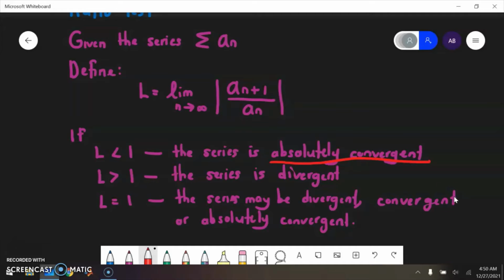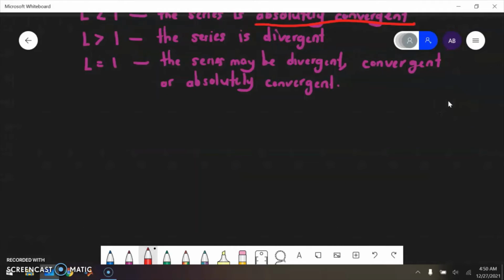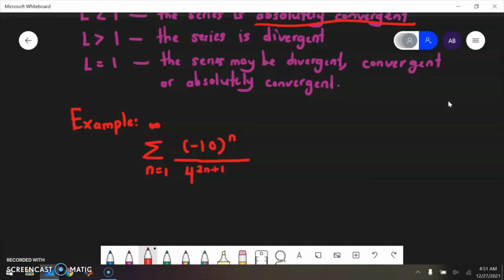If you understand this definition, let's look at one example. You always need an example to understand. The example here is from my book. Let's say we're given this series from n equals 1 to infinity of negative 10 to the power of n over 4 to the power of 2n, times n plus 1.